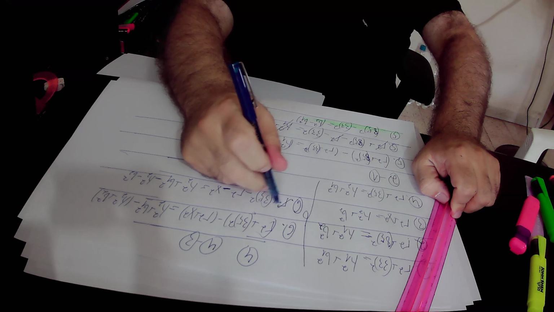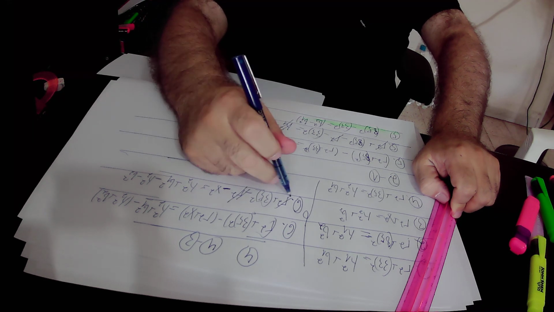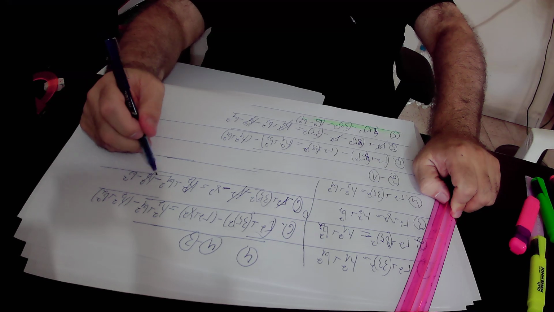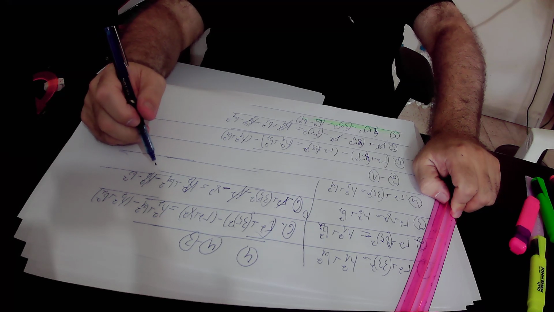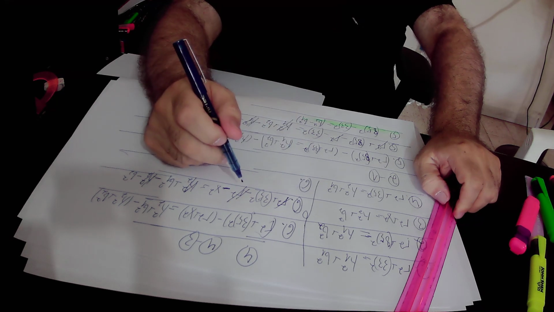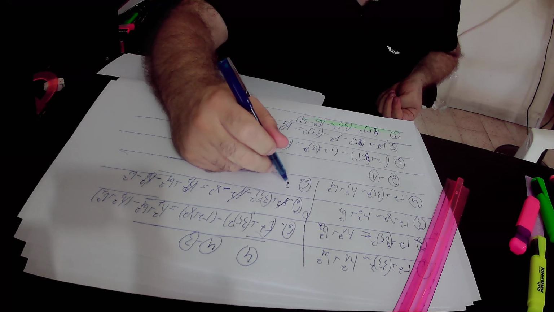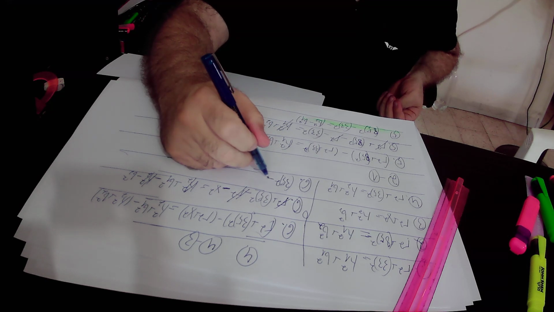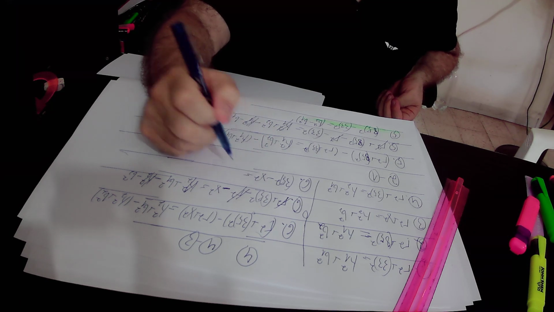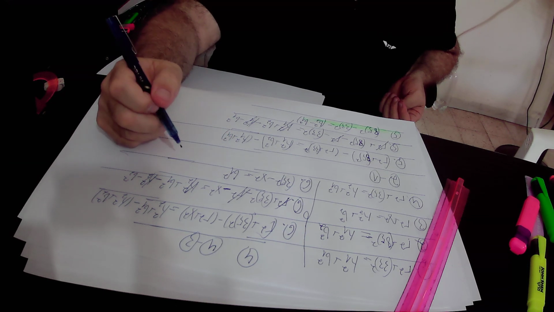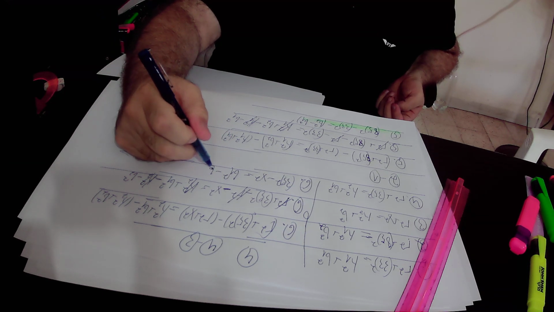R square minus R square is 0, so R square will get cancelled. H2 square minus H2 square is 0, so H2 square will also get cancelled, and we are left only with, on this side of the equation, 35 square minus X square equals B1 square minus B2 square.